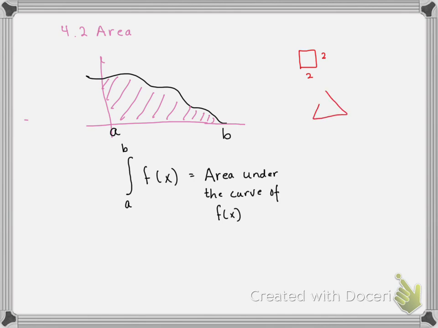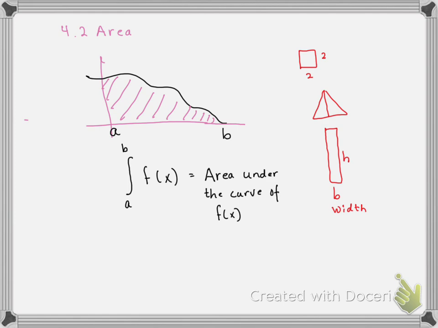If we had a triangle and we knew the base and the height, we could find the area of that triangle. Likewise, we know the area of a rectangle, base times height. The base is also what we are going to call the width, just keep that in mind for later, okay? So width times height is your area of a rectangle.